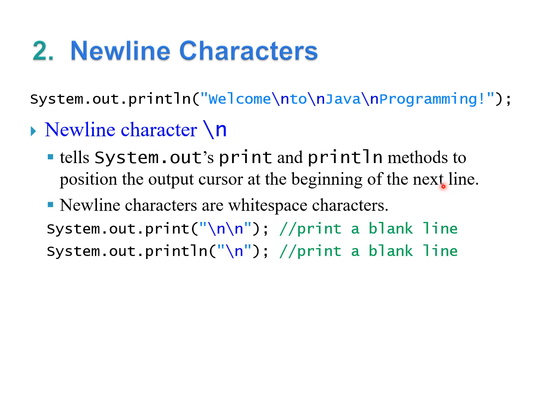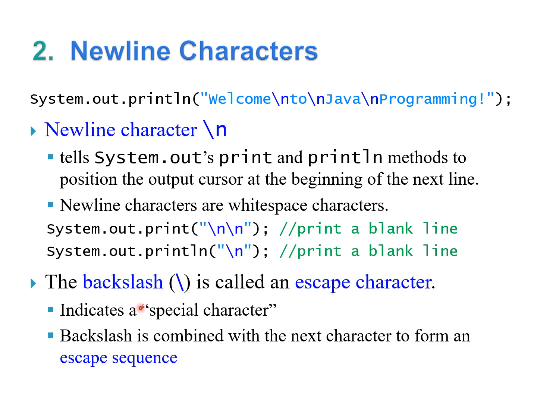New line characters are white space characters. If you print two new line characters with a print statement, or print one new line character with a println statement, then it will print out a blank line in the output window. The backslash in the new line character is called an escape character.